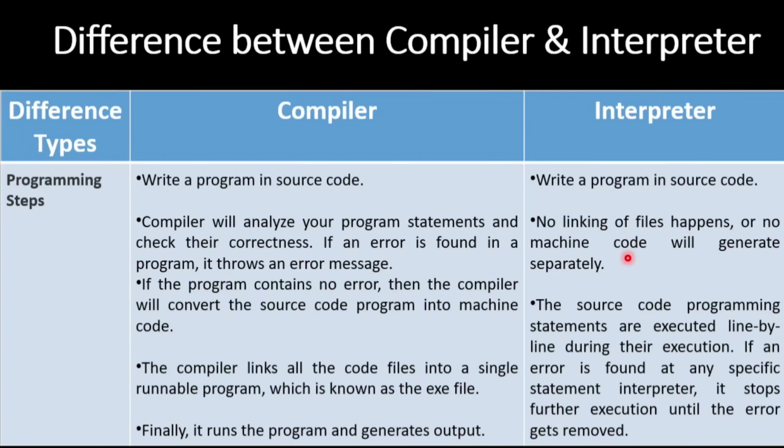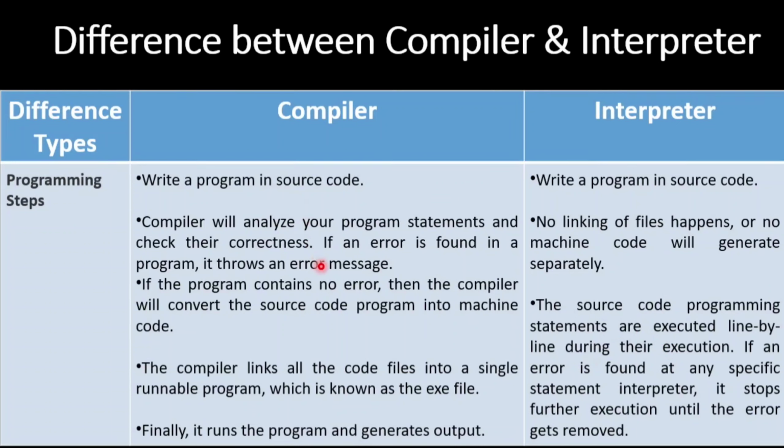Now let's understand what steps interpreter follows. In interpreter, no linking of files happens because machine code is not generated separately. There is intermediate code generated, and interpreter runs that intermediate code. What happens in interpreter? Source code is executed line by line during the execution.